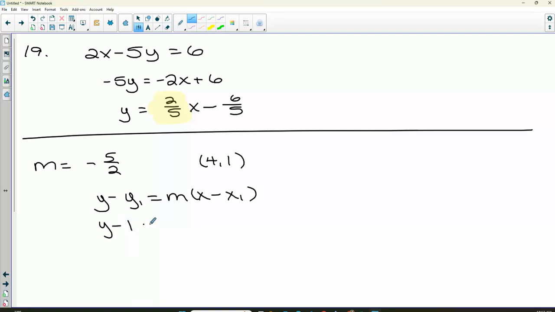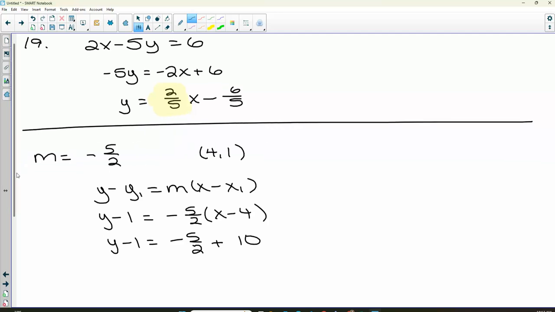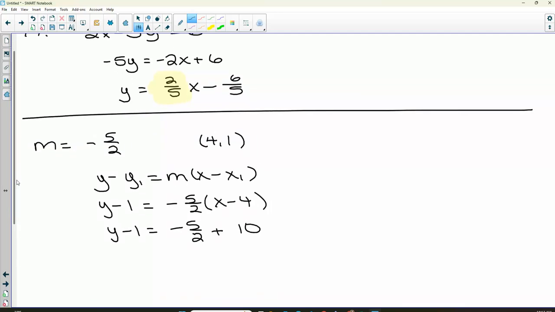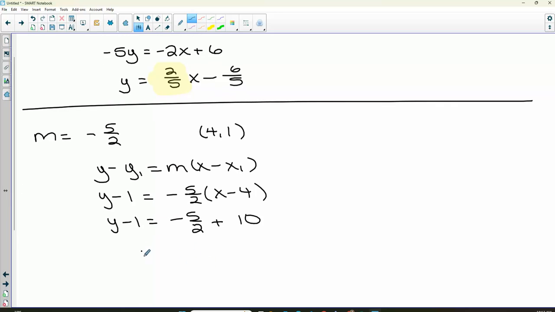Y minus 1 equals -5/2 times x minus 4. So if I add over my 1, I get y being -5/2 x plus 11.